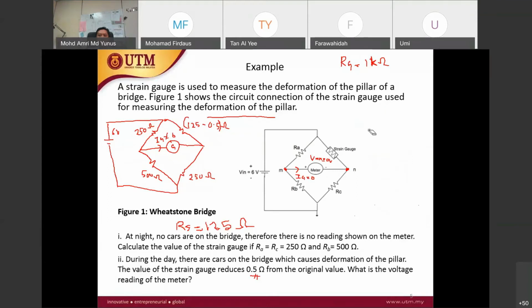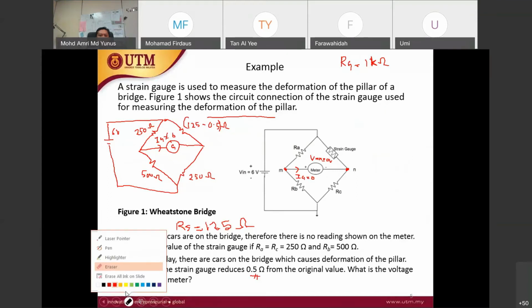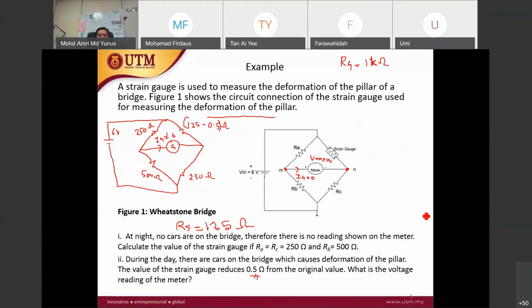When it is not balanced, before we can determine the output of the meter, we need to find the equivalent Thevenin, so VTH and RTH.